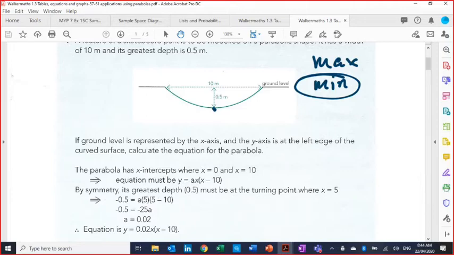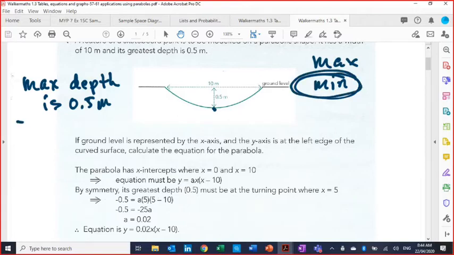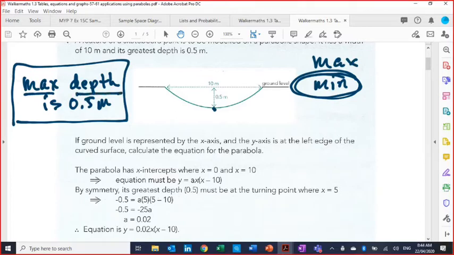But oddly, if we were describing this, we would say that the maximum depth is 0.05 meters. So be careful about the terminology. It's actually a minimum, but a minimum is also a maximum depth, because you know it's down when you're talking about a depth.